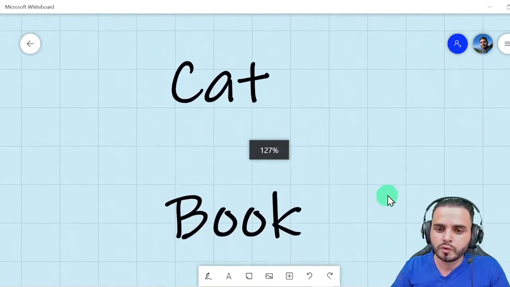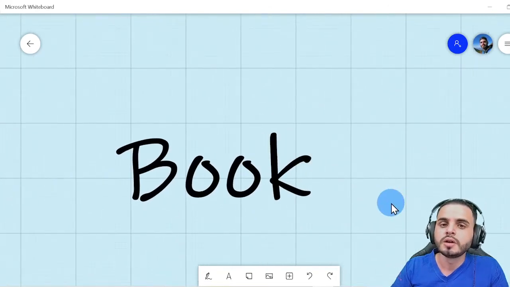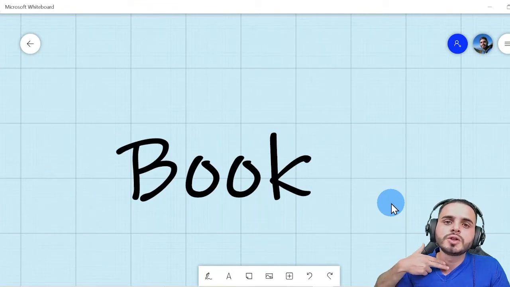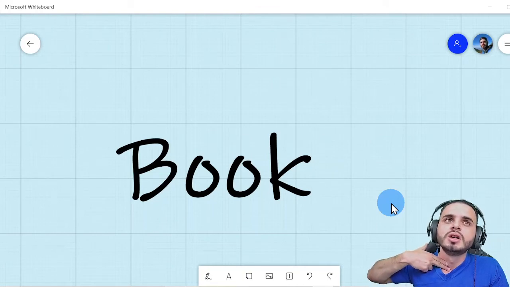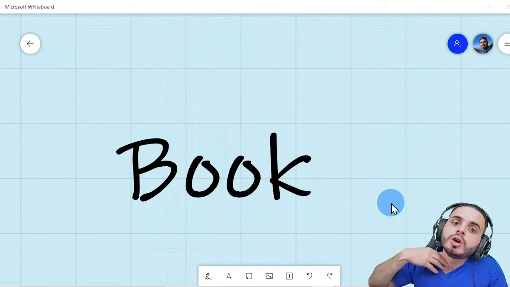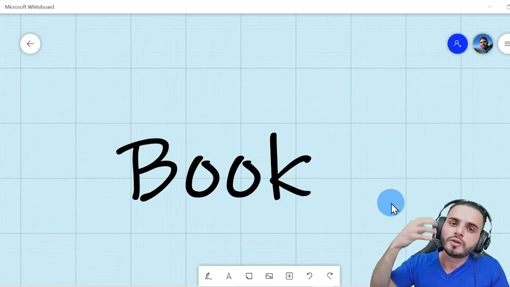Now let's go over the second example that we have here. Book, book. So again, if you put your fingers to your throat and you say book, and you repeat only the last sound, k, k, k, you feel nothing. There is no vibration. It's just the air coming from your lungs out of your mouth.